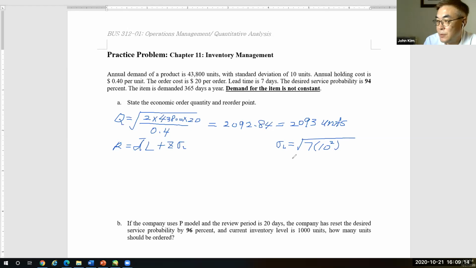So that will be the square root of 700, equals 26.46. And then we need a z-score from the chart.